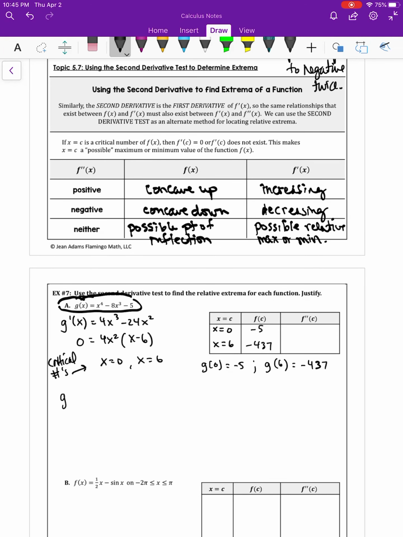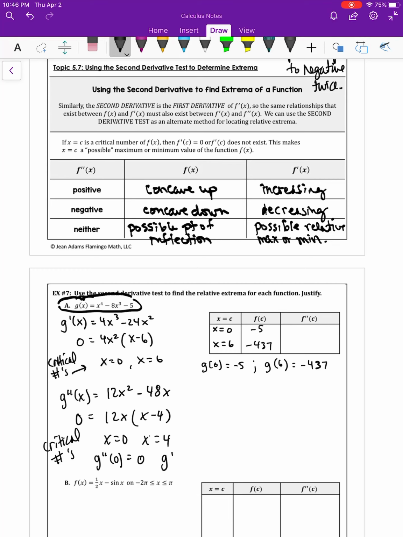So now, my second derivative, we're going to have 12x squared minus 48x, set it equal to 0, 12x is common, x minus 4 is left, x equals 0, x equals 4 are my critical points or my critical numbers, okay? My g double prime of 0 is 0. My g double prime of 6 is 144.